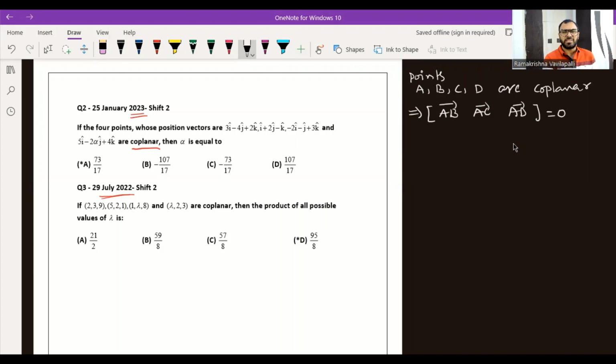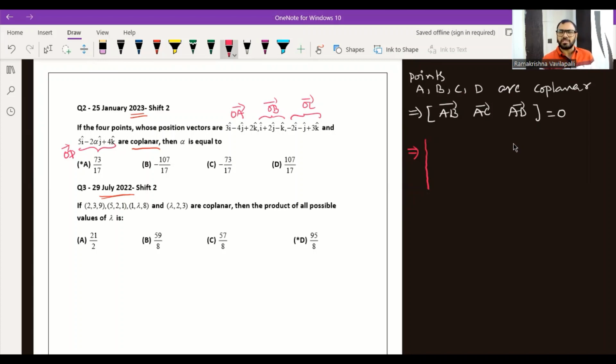So assume this is OA bar, first vector, and second vector is OB bar, and third vector is OC bar, and the fourth vector is OD bar. So therefore, this implies determinant of, what is the AB bar vector? Simply subtract OA bar from OB bar.